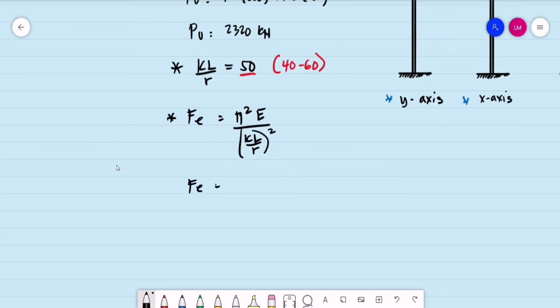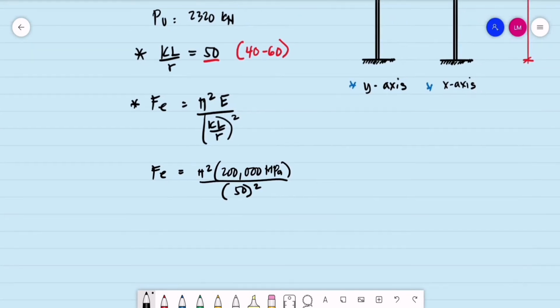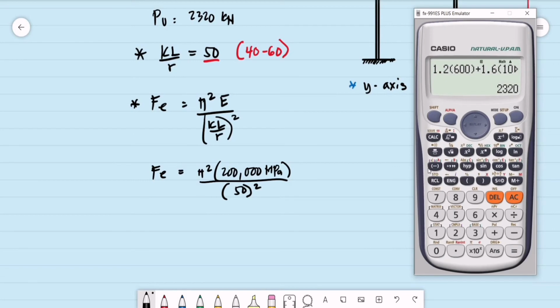F sub E is equal to pi squared times, for steel, 200,000 megapascals, divided by our estimated slenderness ratio 50 squared.